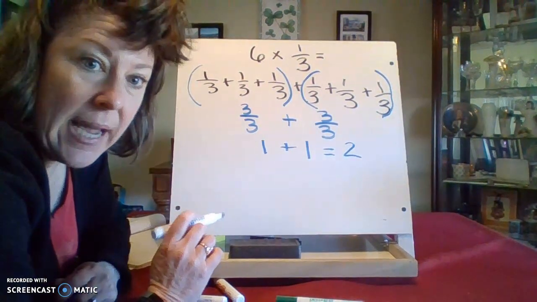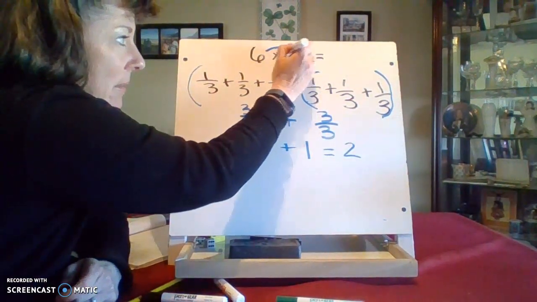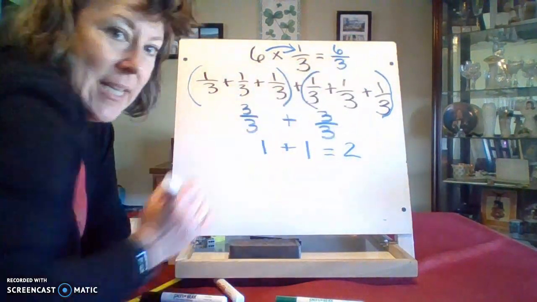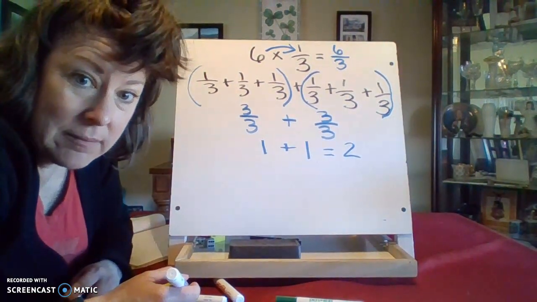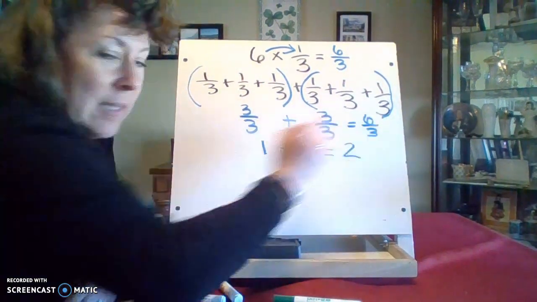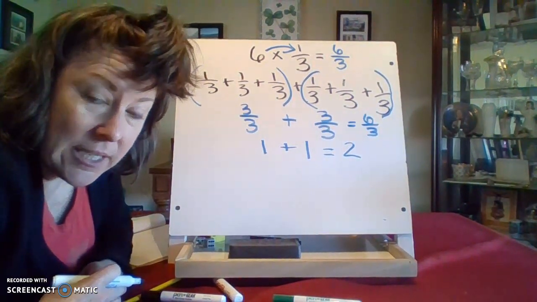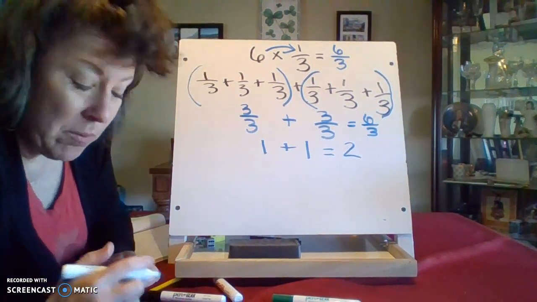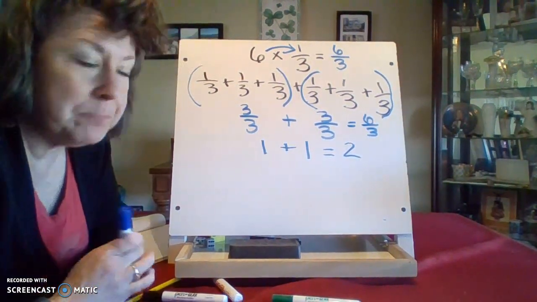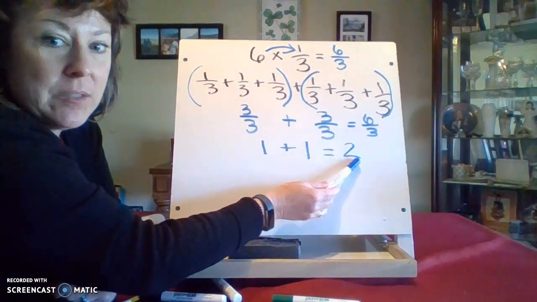If I were to just look at the multiplication sentence, I get those 6/3, which I would have gotten there with my addition sentence. And remember that we know that that fraction bar also means division. 6 divided by 3 gives me 2.